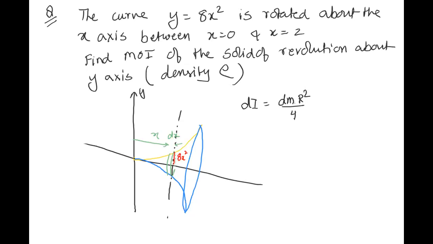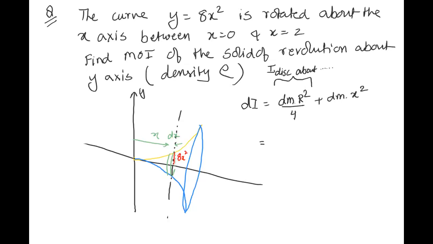So this is the moment of inertia of the green object about the dotted black axis. This is I disk about the dotted axis. But I want it about the y-axis. So surely this must be equal to dm x squared, because I can use the parallel axis theorem since one of the axes is passing through the center of mass.